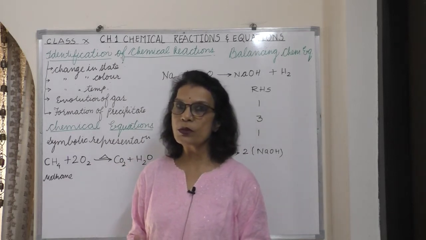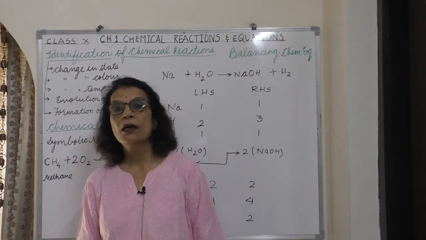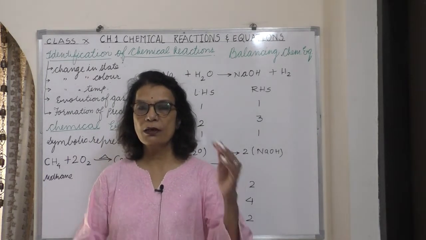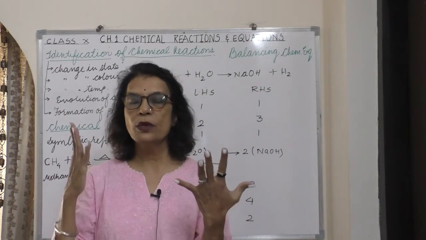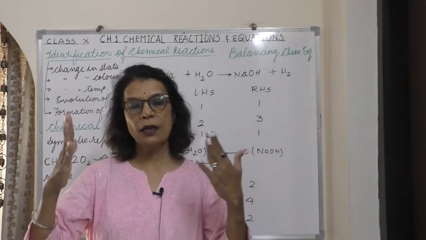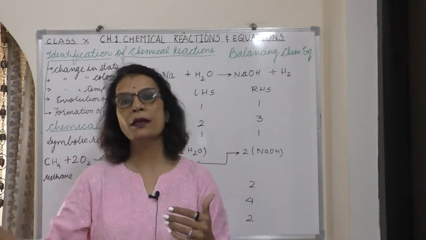We can observe the changes on the basis of, first, state can change. Whatever reactant you have taken, it could be solid or liquid, and again as a product you are getting, it could be liquid and gas also.